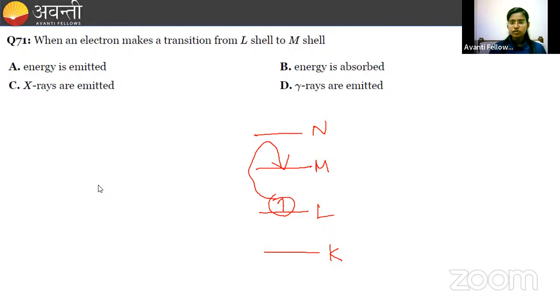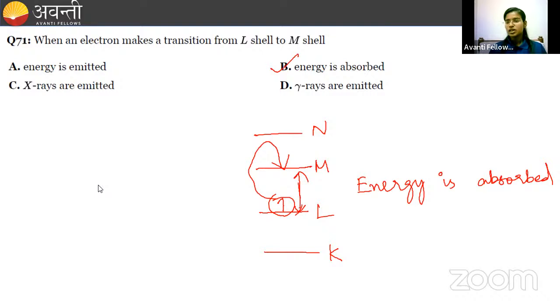So this much energy is required for this electron to enter into the M shell. In that case, energy is absorbed for this transition to take place. So option B is the correct answer for this question.